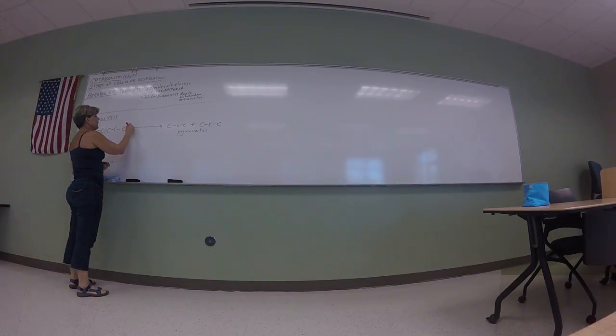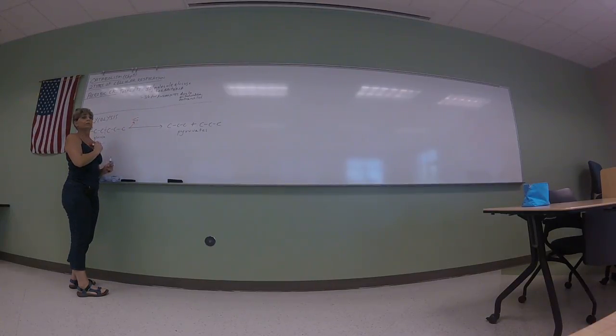So I'm going to put an arrow that shows electrons are released. That's electrons with an S. So just in case you're not clear, the little E stands for electron with a negative sign. That's an electron. And I'm going to put a little S because it's more than one.